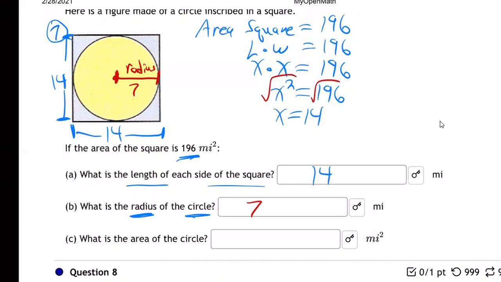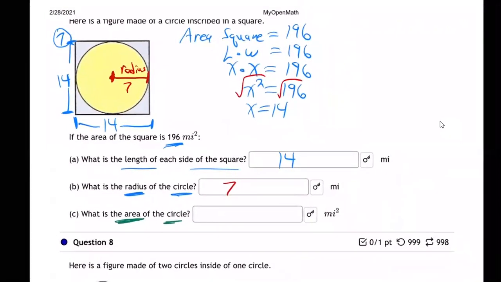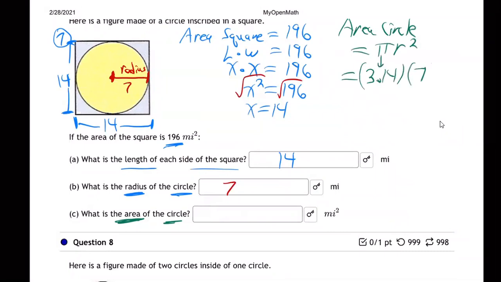Final question, what's the area of the circle? So we'll just use the area of a circle formula. Area of a circle, pi r squared. You know pi is 3.14 times the r. We now know the r, the radius, 7 squared.